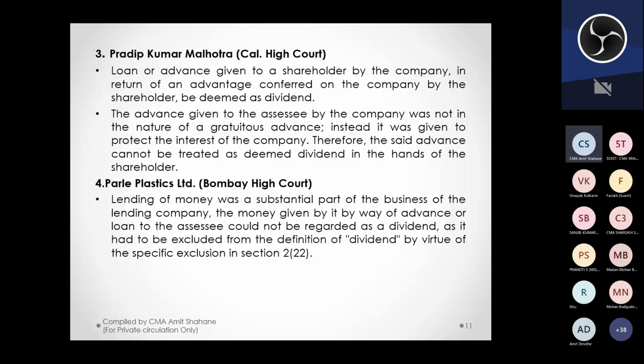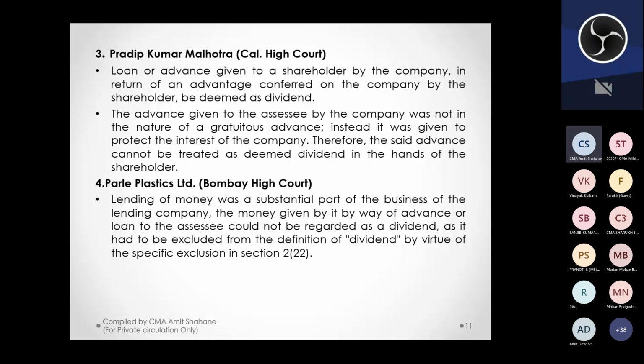But let's say if I'm a shareholder, and for example, let's say I have given some business to the company, and in return the company has given me some loan or advance. Right? Now this is not only because I am a shareholder.